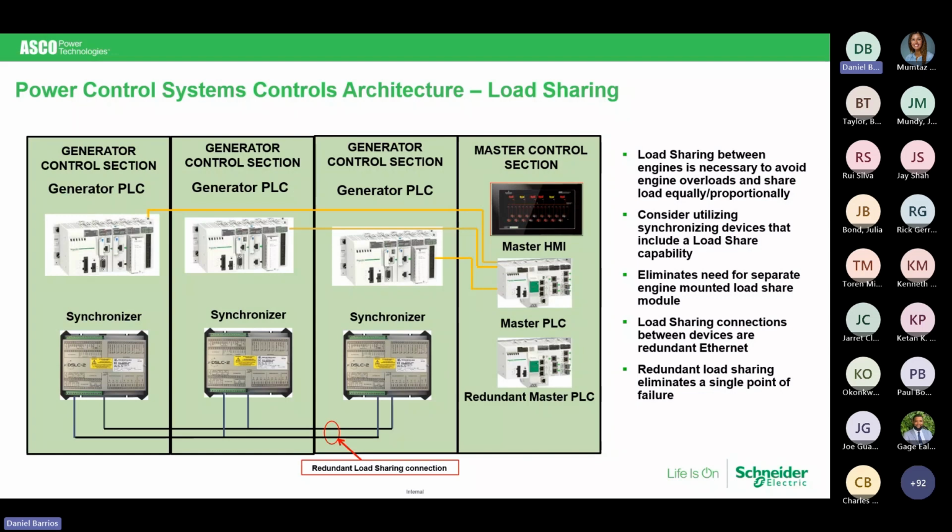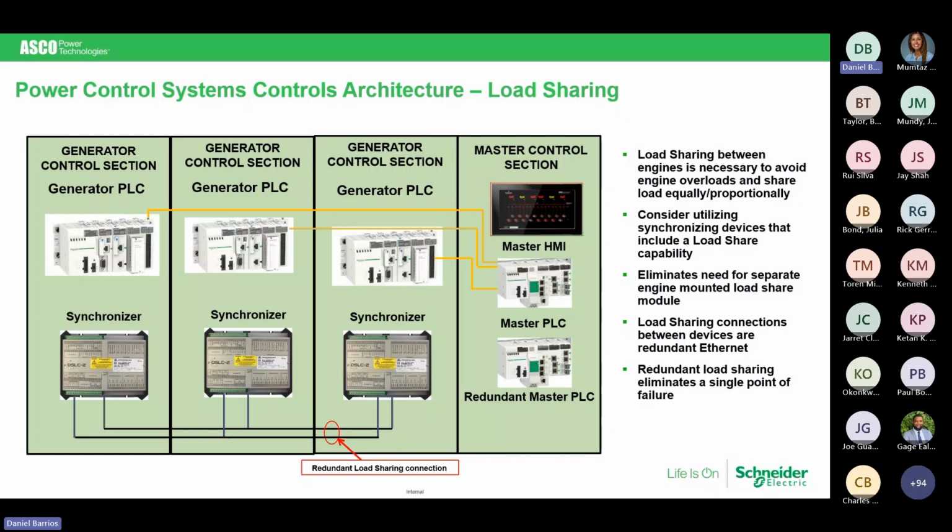Load sharing between engines is necessary to avoid overload. Yes, I can parallel a 1 meg generator with a 2 meg generator because what I'm going to do is I'm going to load it percentage wise proportionally to its amount. So if I load the 1 meg at 50%, I'm at 500. Obviously, the 2 meg, I'm at 1,000.